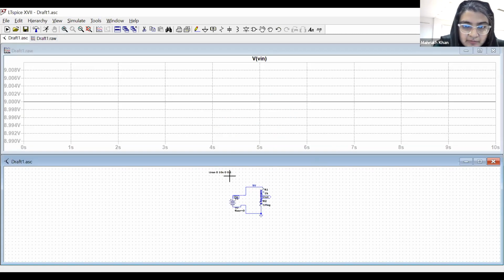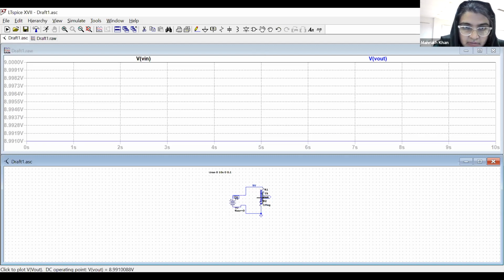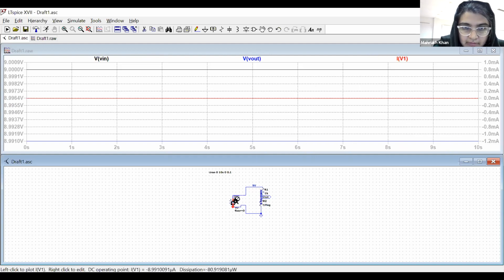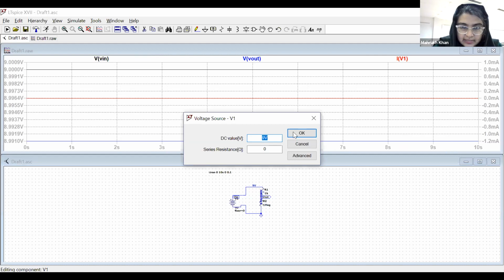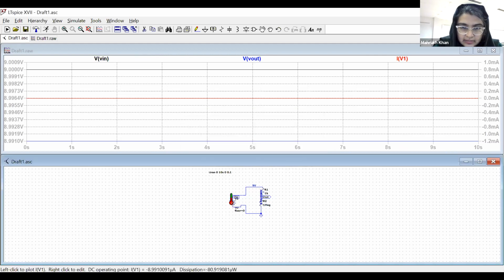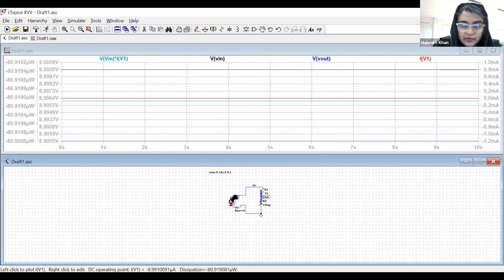Okay, so this is my V in. This is my V out, which is very large. And this is my current. And if I do Alt and click it, it will show me the power, okay? Power dissipation.